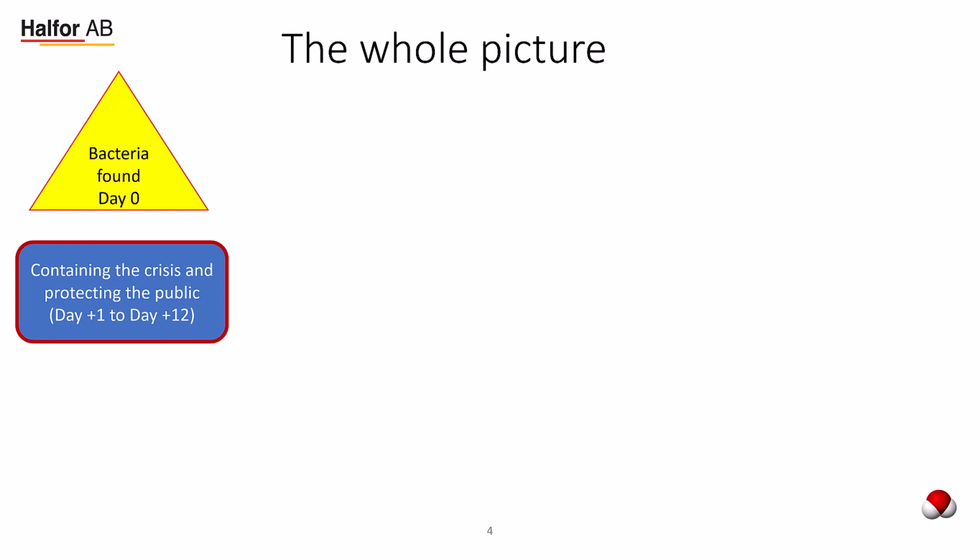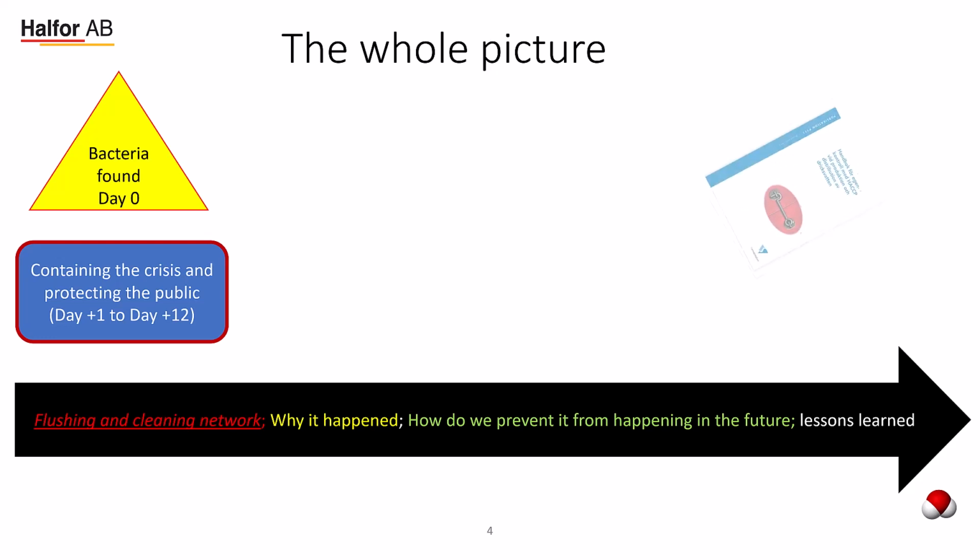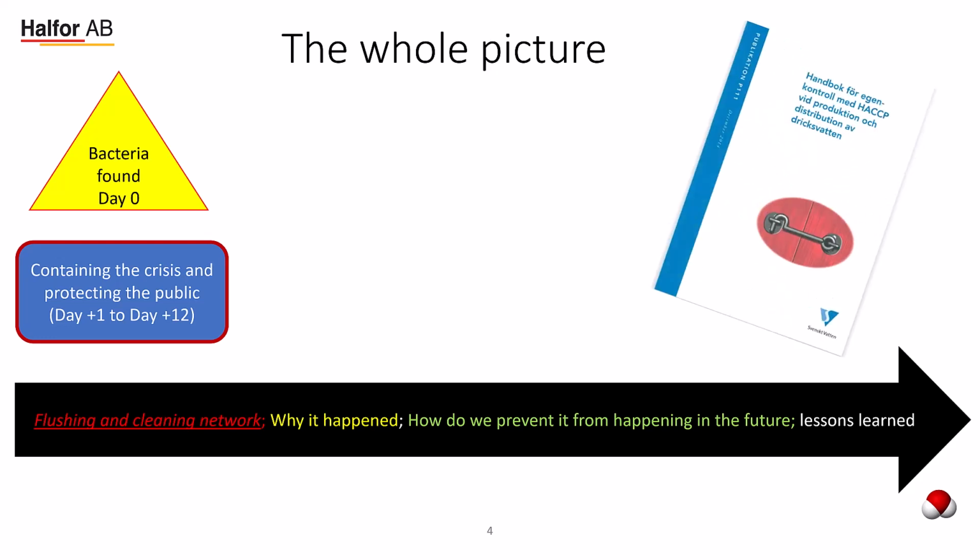Now, the third part of this is the toughest one, and that is flushing and cleaning of the network, as I've talked about before, establishing why it happened and how we prevent it from happening in the future. Lessons learned, so to speak. And here you have the HACCP handbook in Sweden to make these risk assessments for waterworks.